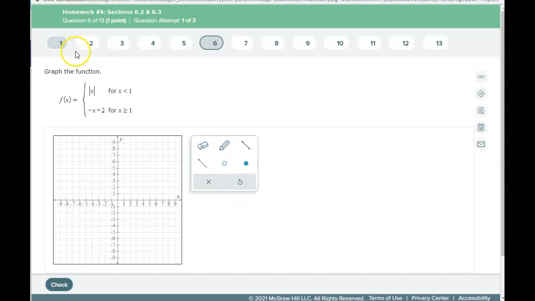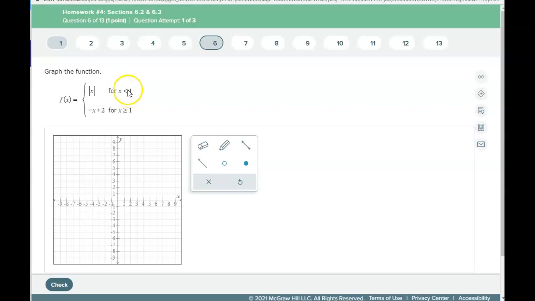So let's look at this example that is in your homework, and it's looking at the absolute value of x and a negative x plus 2. You're graphing this based on the domain restriction of x is less than 1. So first look at this x less than 1.